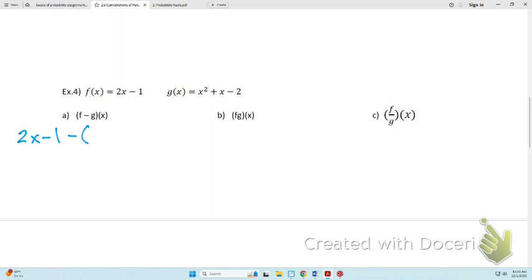So start a parenthesis and then copy function g. And then we flip the signs in the parenthesis, and we have this. Now I just combine like terms, and we're good to go.